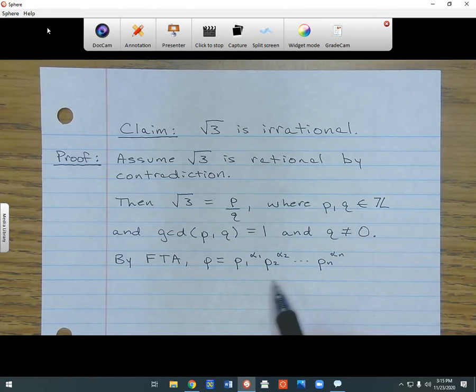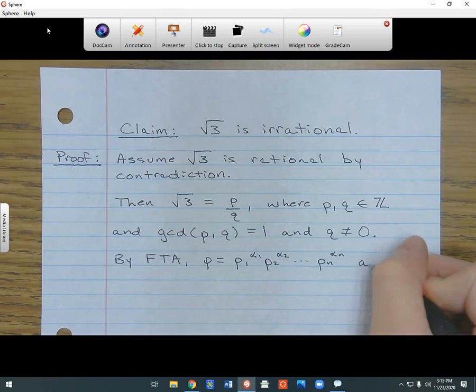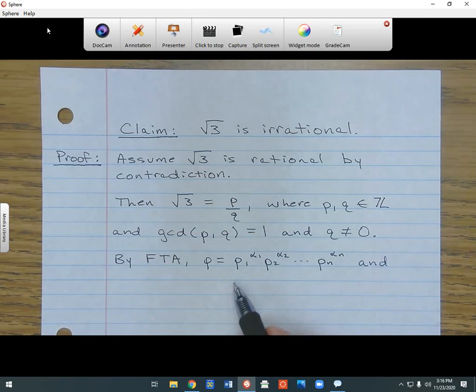And all these p1s, p2s, p3s, all those are just prime numbers, right? And the alpha 1, the alpha 2, all the way up to alpha n, these are the exponents. So that tells you how many times these primes are going to show up. Okay? So we can write p as the product of distinct prime numbers.